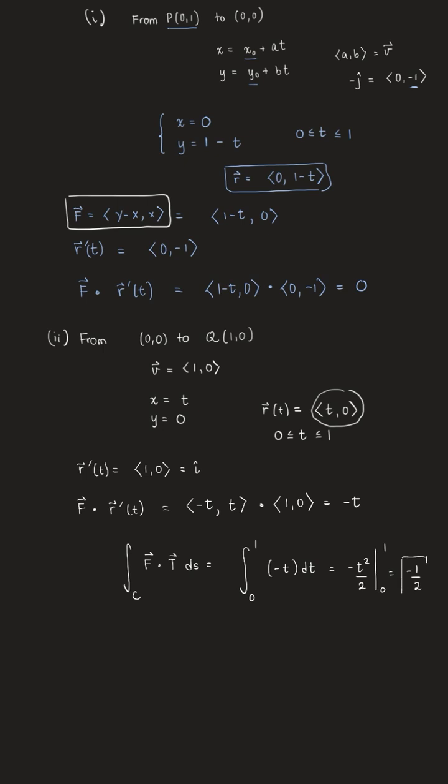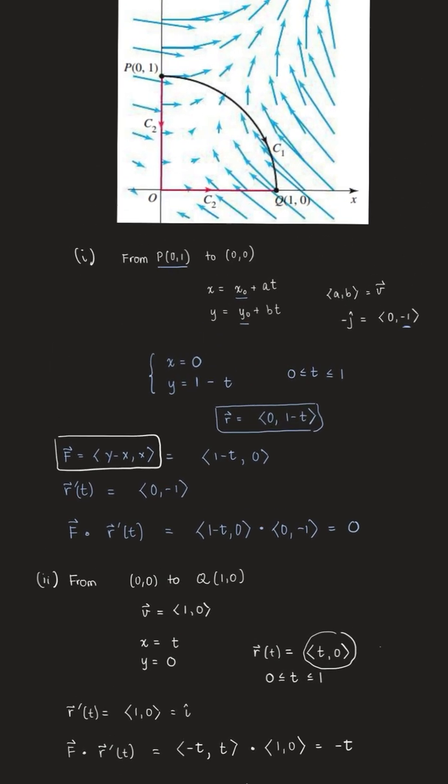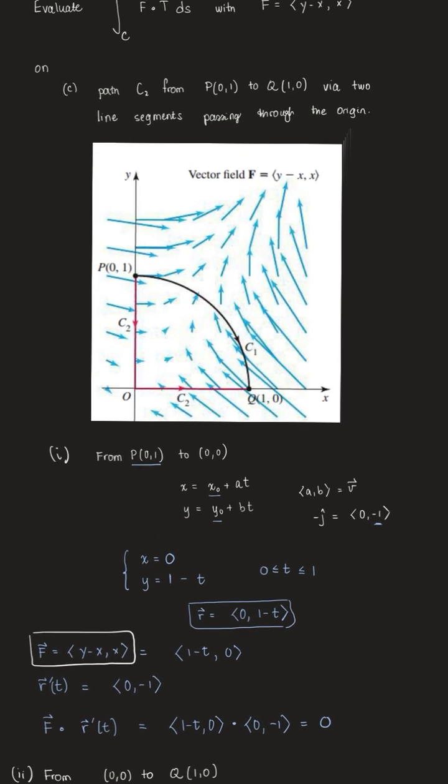Now, the reason I wanted to do this problem, and that was plus 0 from the first line segment, is because earlier in the previous example, when we integrated the vector field in this direction along C1, we got negative 1/2. But notice that we get the same thing when we go this way and this way along this vector field.